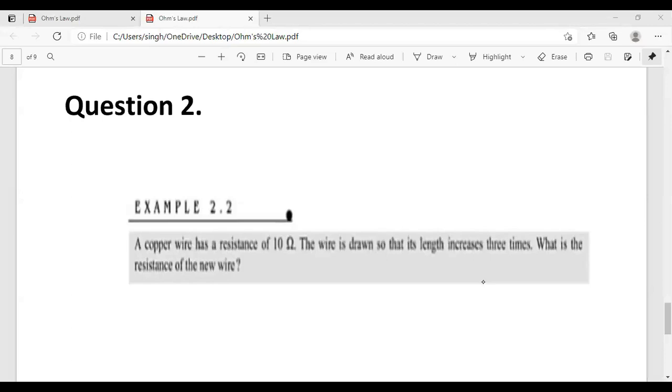New wire. Okay, so we have a situation here where we have the first wire as this. Let's suppose the length of the wire is L. Now the same wire is drawn so that its length increases 3 times.